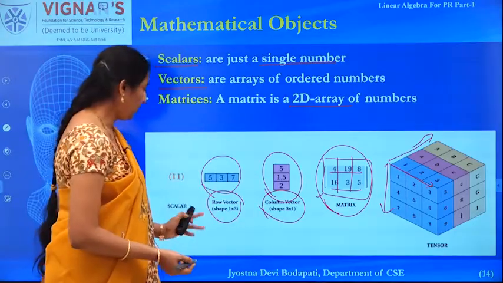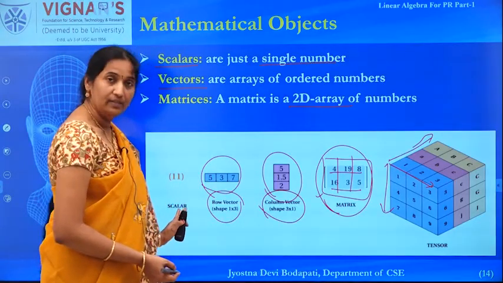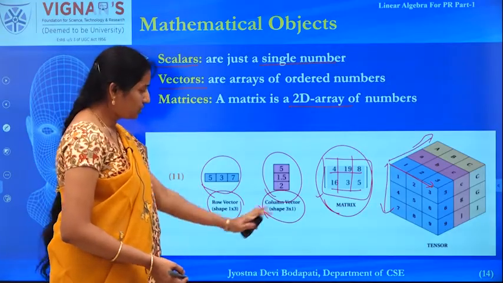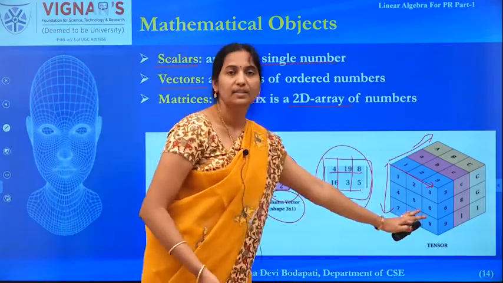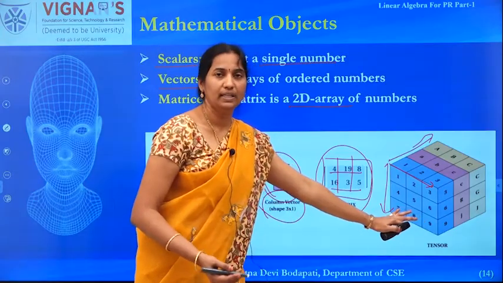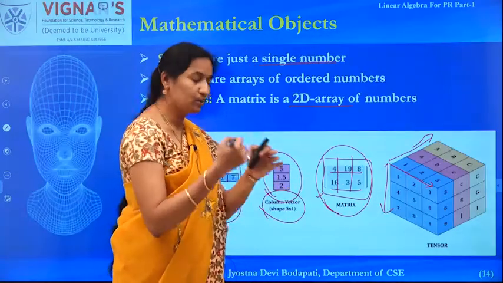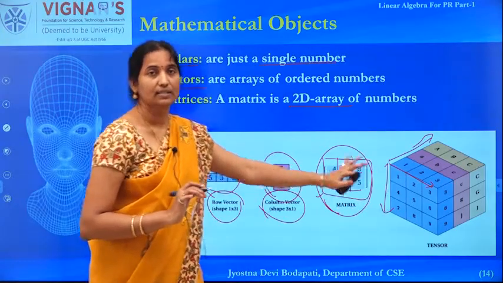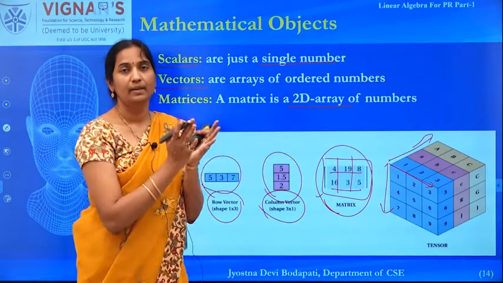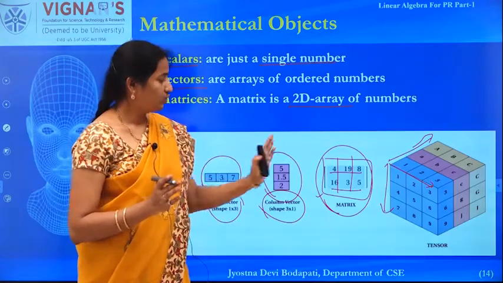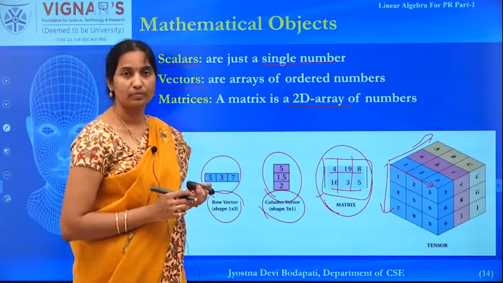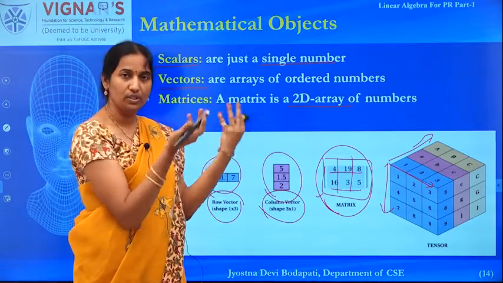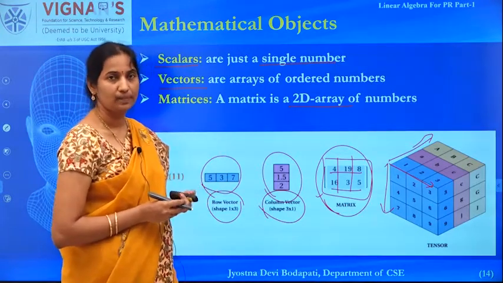You can even call a scalar a tensor where the dimension is 0, so you can call it a 0th tensor. So this is a 1D tensor, 2D tensor, and 3D tensor, or basically whichever has more than two dimensions, you can call it a tensor. A tensor is an object represented in multi-dimensional format with more than 2 dimensions. You can even have 4 dimensions, 5 dimensions, 6 dimensions, even 10 dimensions.